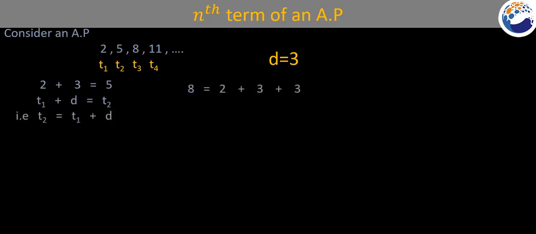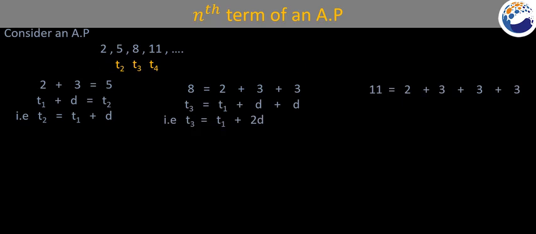Now observe T3. T3 is equal to 8. T3 is obtained when we add 3 twice to 2. But 3 is the common difference and 2 is T1. Hence we get T3 is equal to T1 plus 2d. Similarly, we get T4, that is 11, equal to T1 plus 3d.